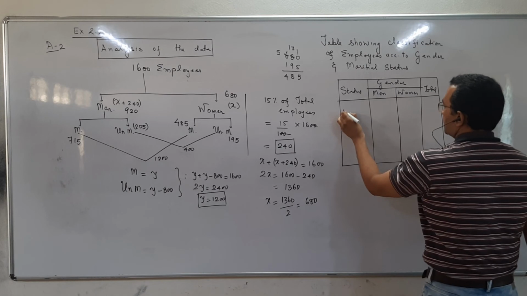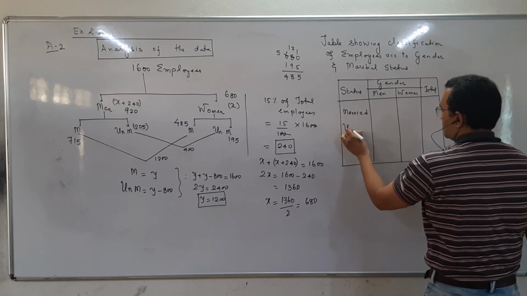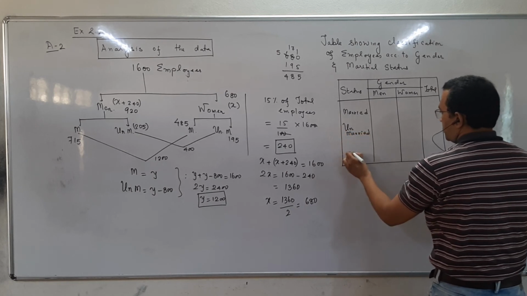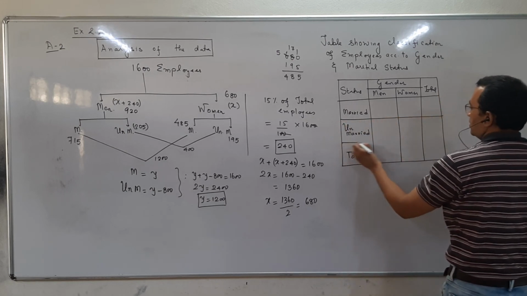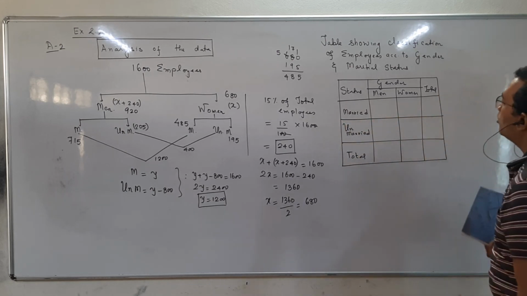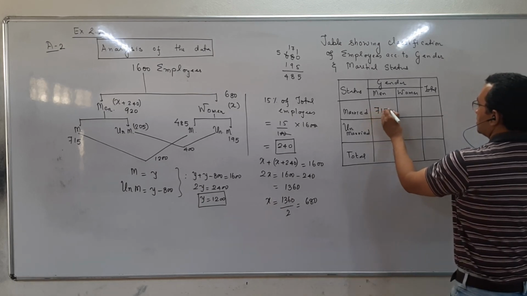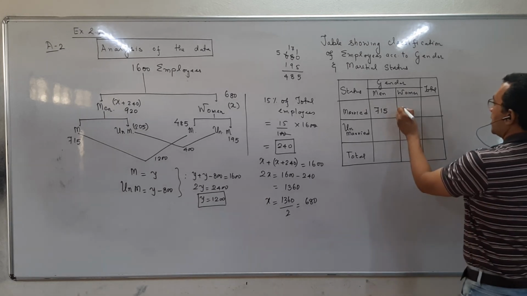Here married, here unmarried, and then total. How many married men? 715. How many married women? 485.